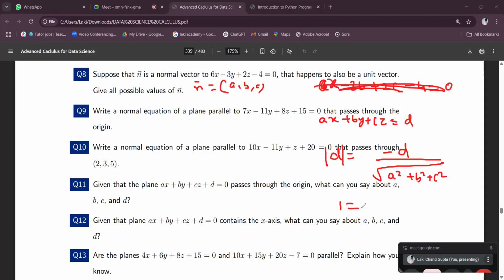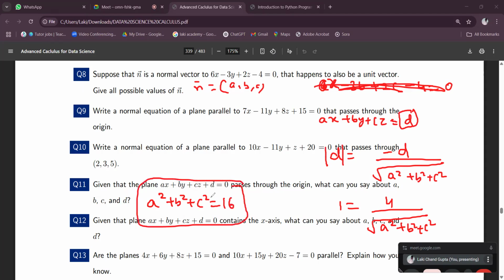But d is always the same. So this is 4, right? So you can say a square plus b square plus c square is equal to 16, right? So we have to find all possible values of n.